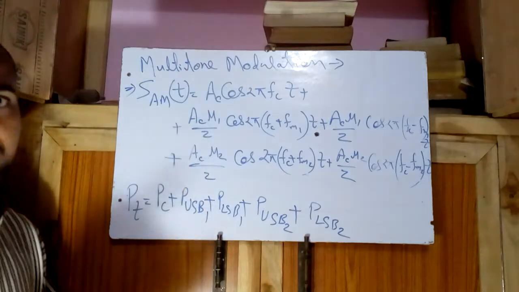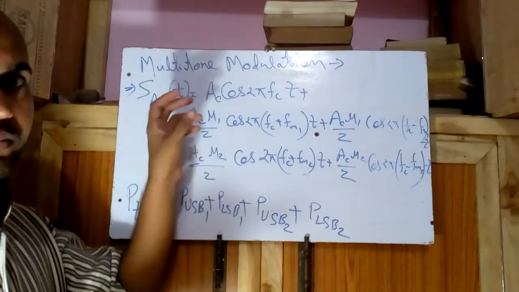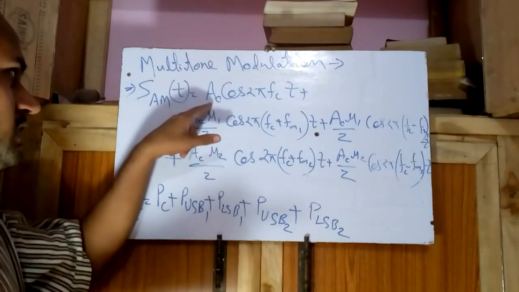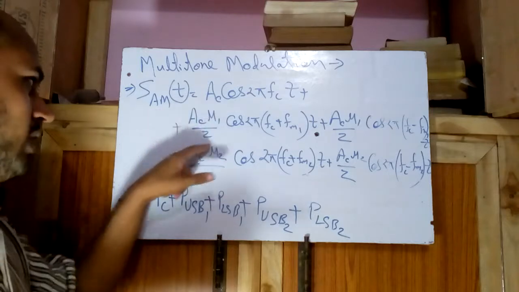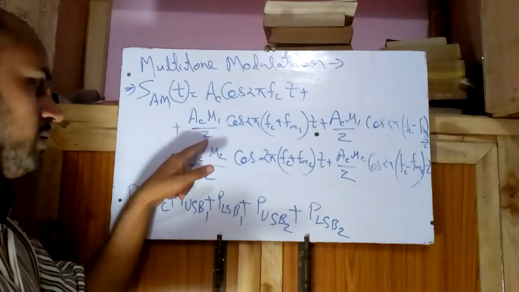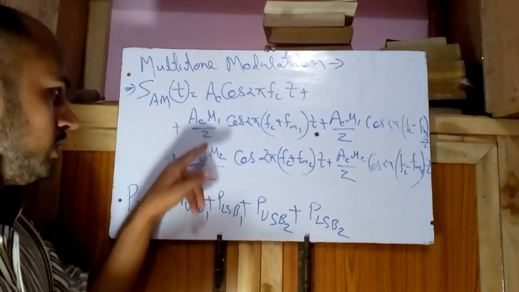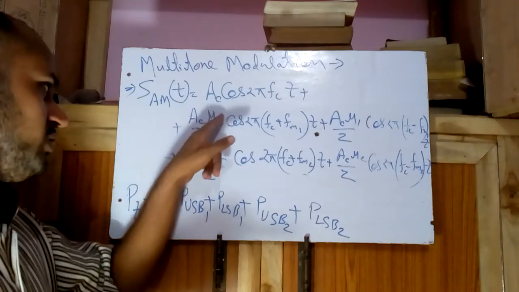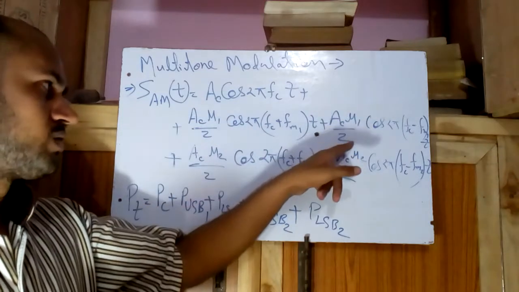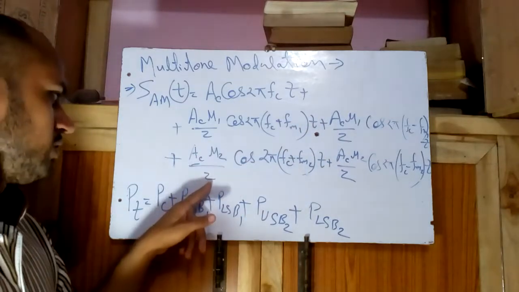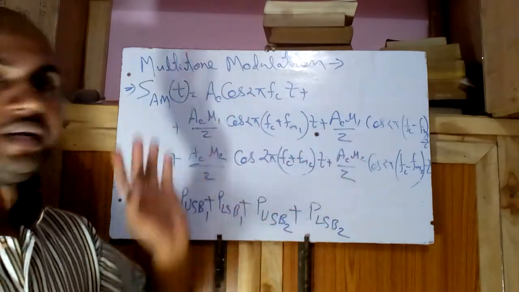Amplitude square by 2R: the amplitude here is Ac mu1 by 2, and the square of this will be Ac square mu1 square by 4, divided by 2R. So 8R: Ac square mu1 square by 8R, Ac square mu1 square by 8R, Ac square mu2 square by 8R and Ac square mu2 square by 8R.